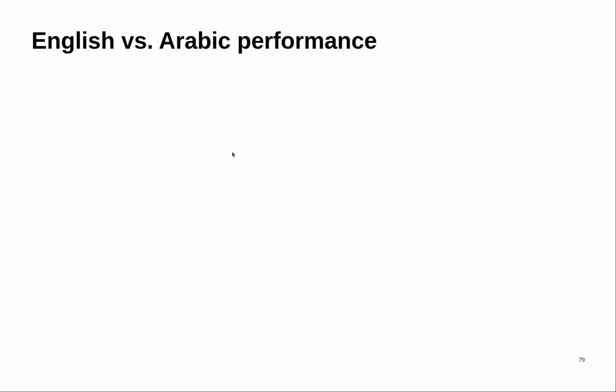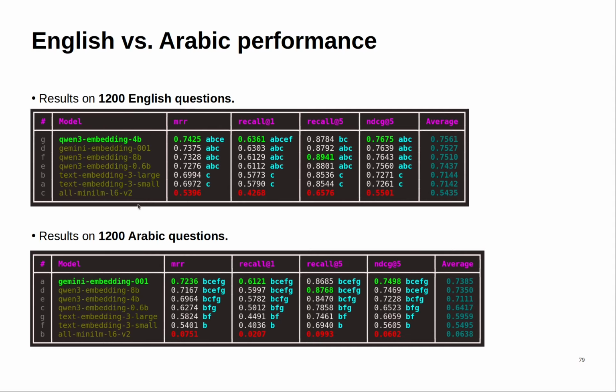Let's also compare the scores between English and Arabic. Here I took the 1200 questions set, and we see that the rankings are almost similar. We see that All-Mini LM is always last. We have the OpenAI small and large models. And after that, we either get Gemini embedding in the first position or the Qwen 4B model.